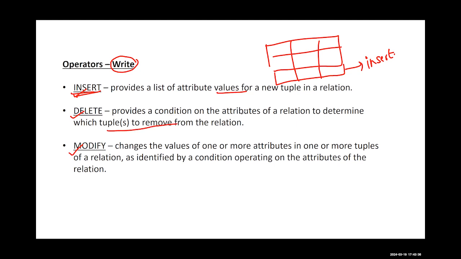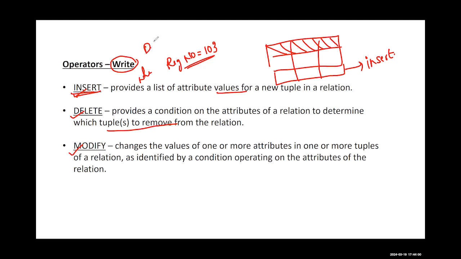Okay, basically delete, you can understand that I'm going to be removing a particular row based on a condition. For example, a student with register number 103 has left the college. Okay, he has cancelled the admission. So in that case, I will access the database and try to find a match where register number equals 103.